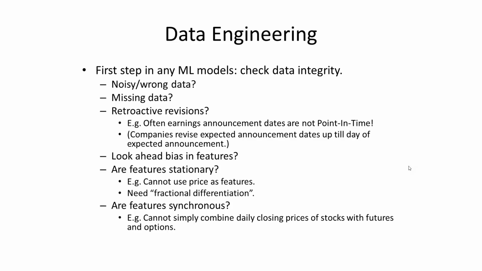Let's say Apple started trading at $1, now it's at whatever, $800. You cannot use features that are not stationary, and that is a point also emphasized in Dr. Lopez de Prado's book. You need to fractionally differentiate any features that are not stationary.